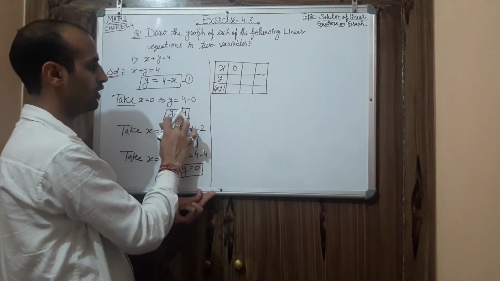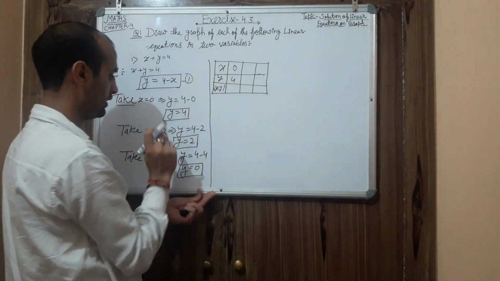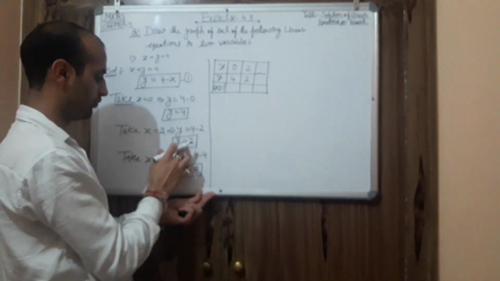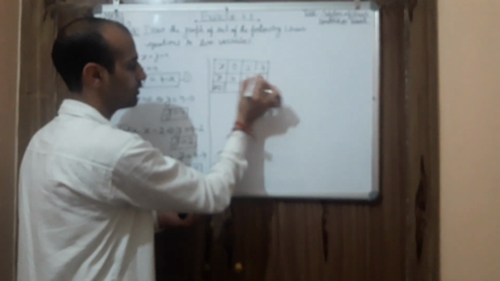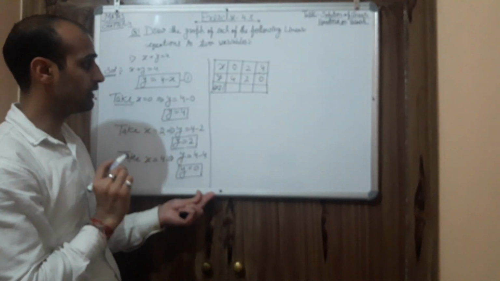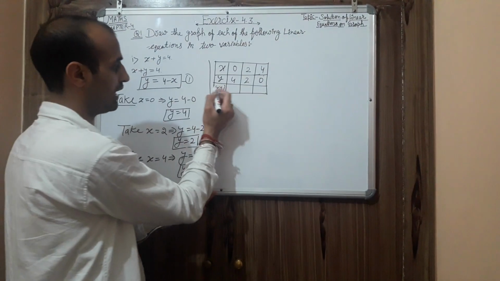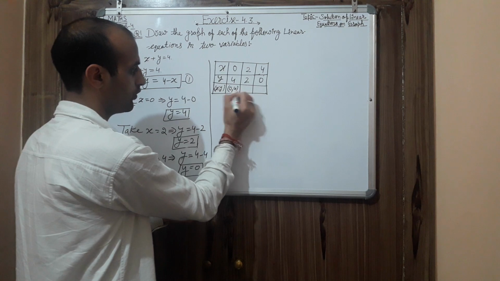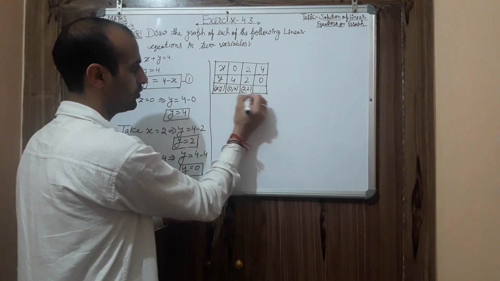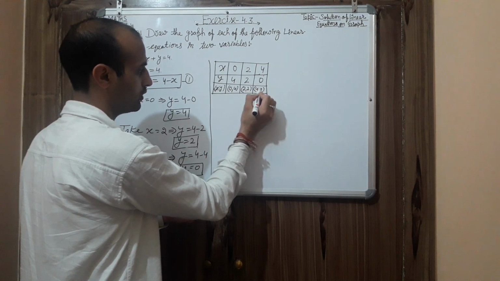That time we found the value of y equals 4. Secondly, we took x equals 2, then we got y also 2. Then 4 and 0. x we have selected 4, that time we get y equals 0. After that your work is to mix them. How? x I have to write first. x is 0, y 4. Then 2, 2 and 4 comma 0.